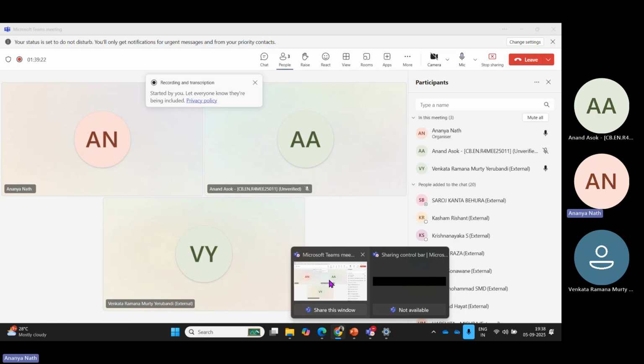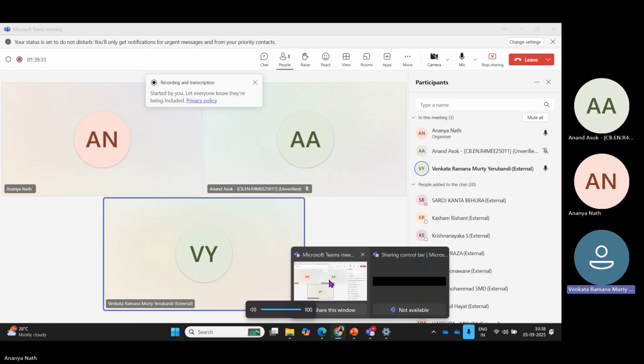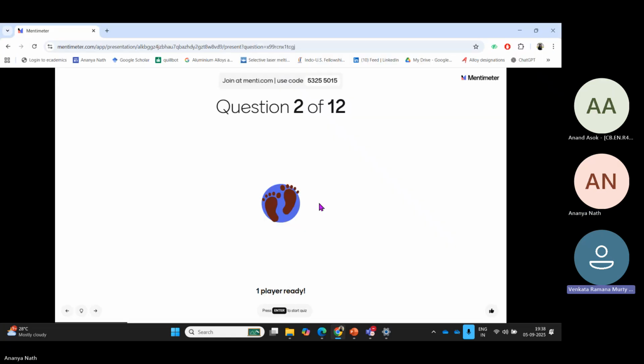So Venkata, Ramana, if you are there, you can respond. I think you are unmuted. Yeah, you muted only, but I went to that, but it is not taking, I think. Yeah, question 2 of 8. You have to mark the right answer.